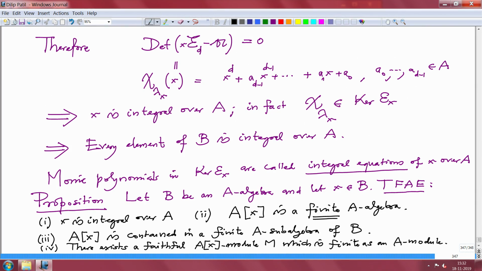And 3 implies 4: I want a faithful module M which is finite as an A-module, but 3 says that this is contained in a finite subalgebra of B. So, now I will take that subalgebra which is finite over A. I take M equal to that subalgebra, and it is finite over A, and it is faithful because 1 belongs there. So, nobody else will kill everybody in M.